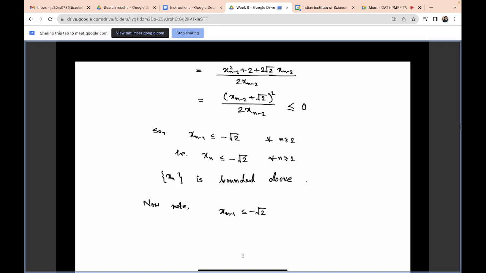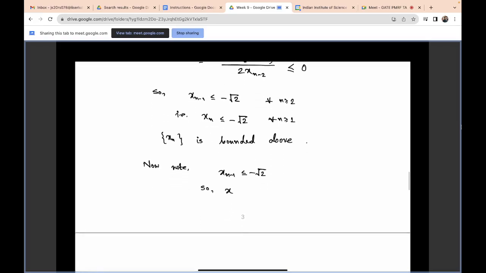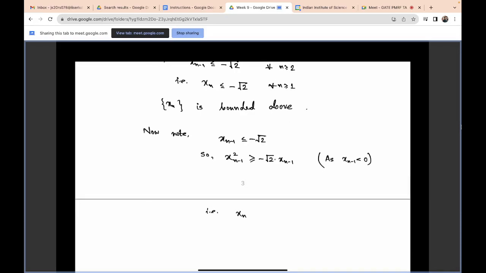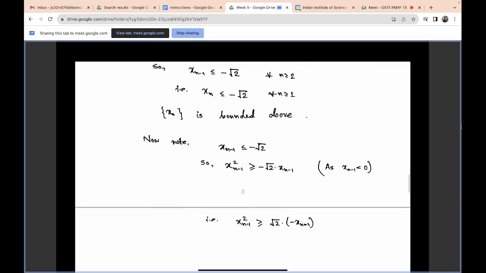Also xn minus 1 is a negative sequence, so multiplying both sides by xn minus 1, the sign changes and we get xn minus 1 square greater than minus root 2 times xn minus 1.